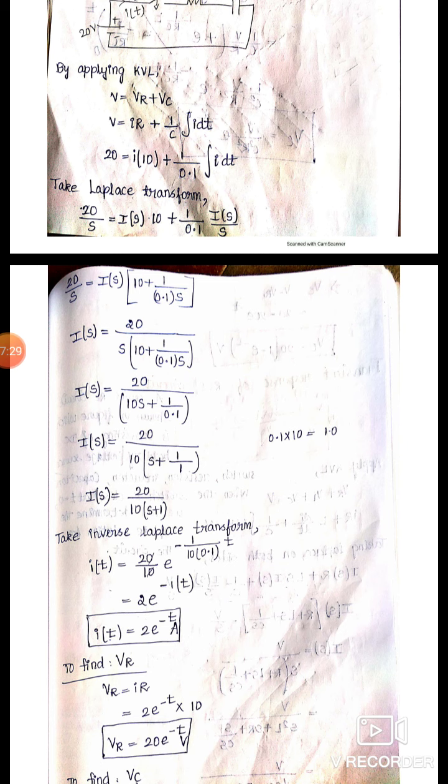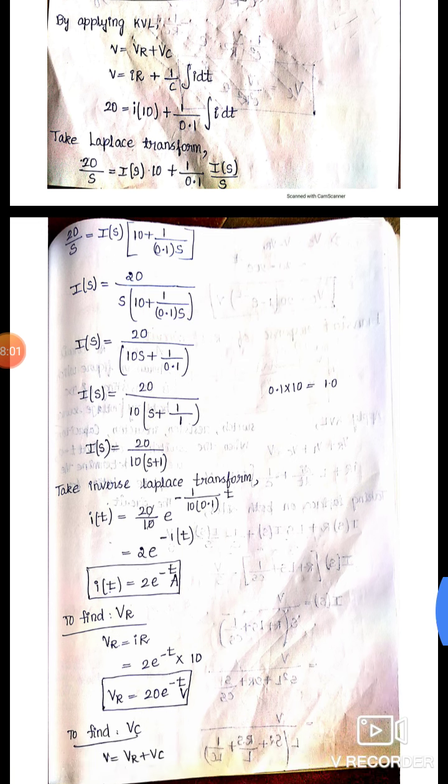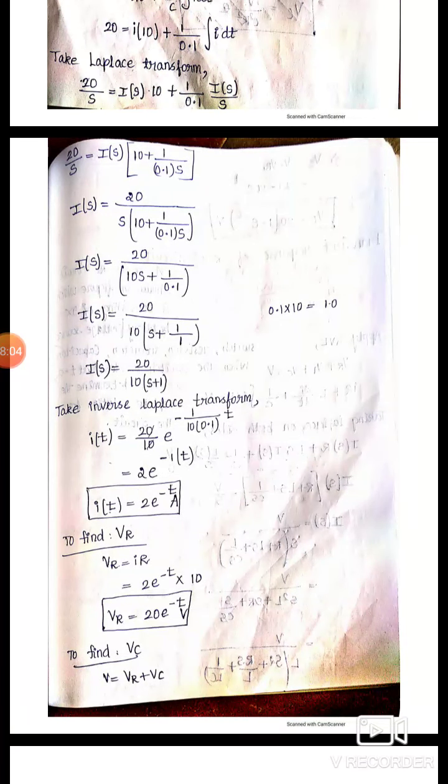In 20 it is a constant, so 20 divided by S plus, i converts to I of S, so I of S into 10 plus 1 divided by 0.1 integral of i of t, that is equal to I of S divided by S. Therefore 20 divided by S is equal to I of S, take outside, so I of S into 10 plus 1 divided by 0.1 into S. Therefore we need I of S value alone, so I of S is equal to 20 divided by S into 10 plus 1 divided by 0.1 into S. Therefore I of S is equal to 20 divided by 10 into S plus 1 divided by 0.1.